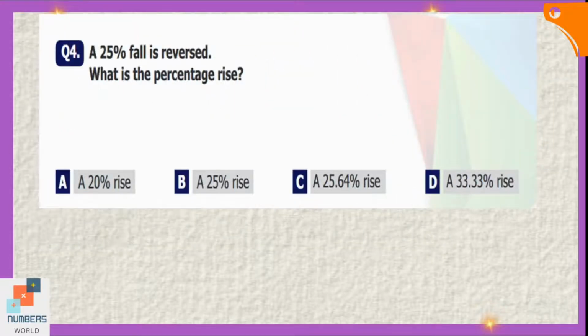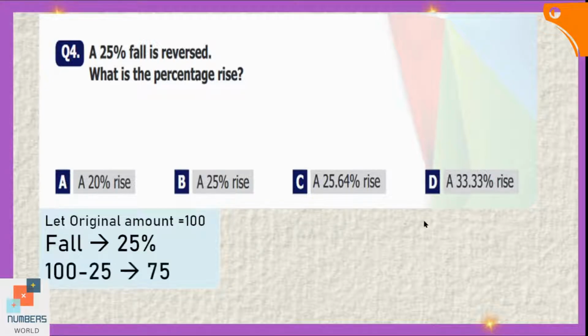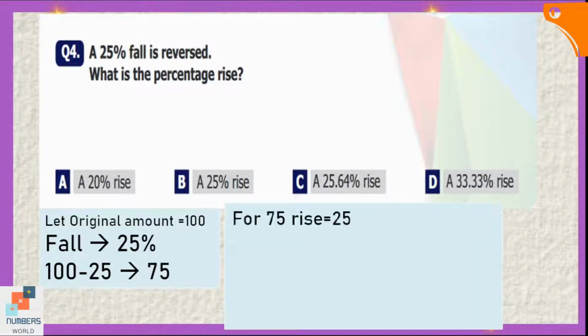Whereas question number 4, a 25% fall is reversed. What is the percentage rise? So let's suppose the original amount is 100. After 25% of fall, the new amount will be 75. If we have to reverse this fall, we have to add 25 to 75 to regain 100. If 75 is our value, the rise amount is equal to 25.